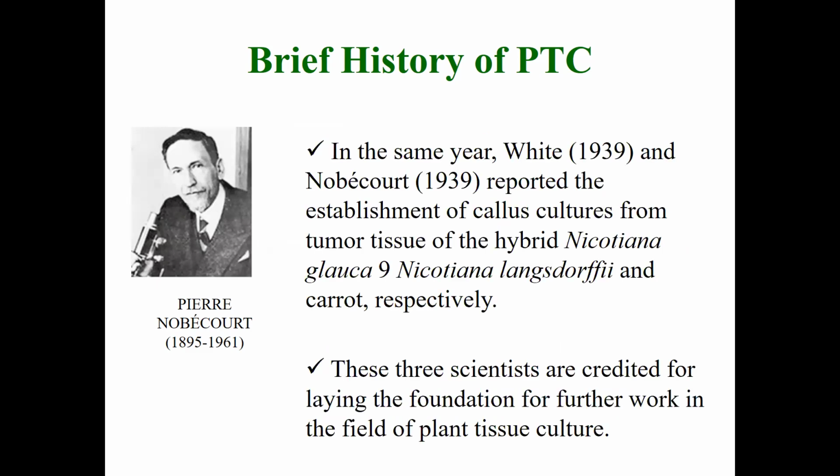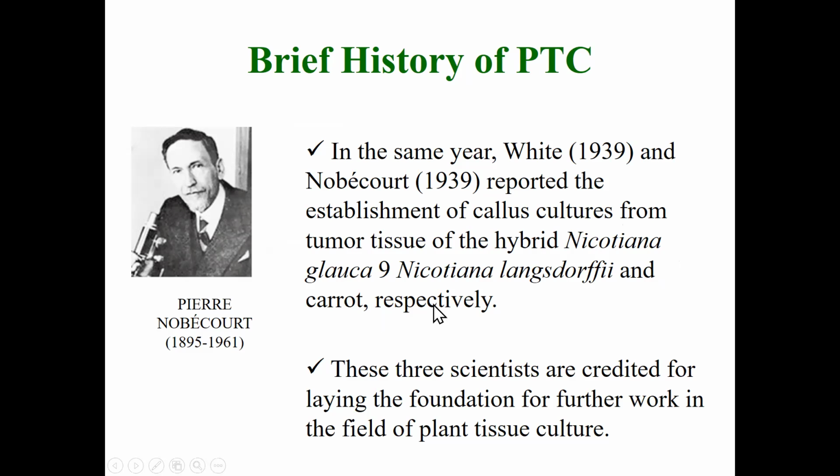Because in the same year, White and Nobécourt reported the establishment of callus culture from tumor tissues of the hybrid Nicotiana glauca. Nicotiana means the genus containing the tobacco plant. So Nicotiana glauca and Nicotiana langsdorffii, and carrot respectively.